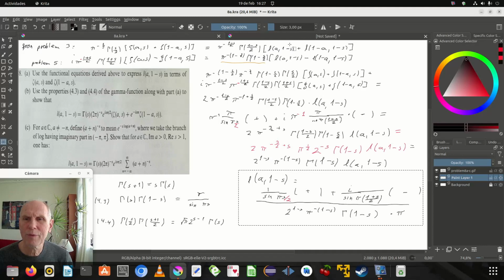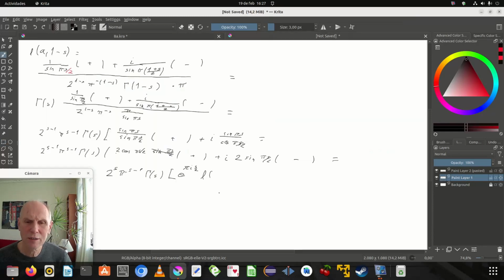L of a.1 minus s, point comma 1 minus s, plus, and then the difference, that's cosine minus sine.